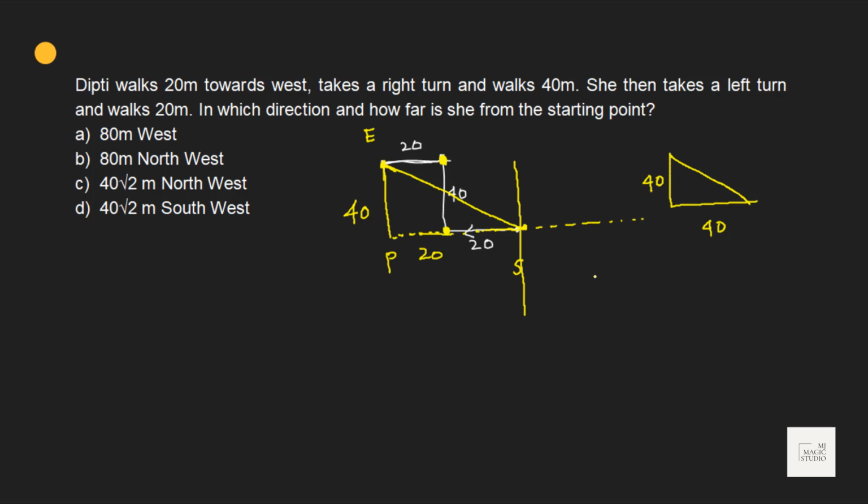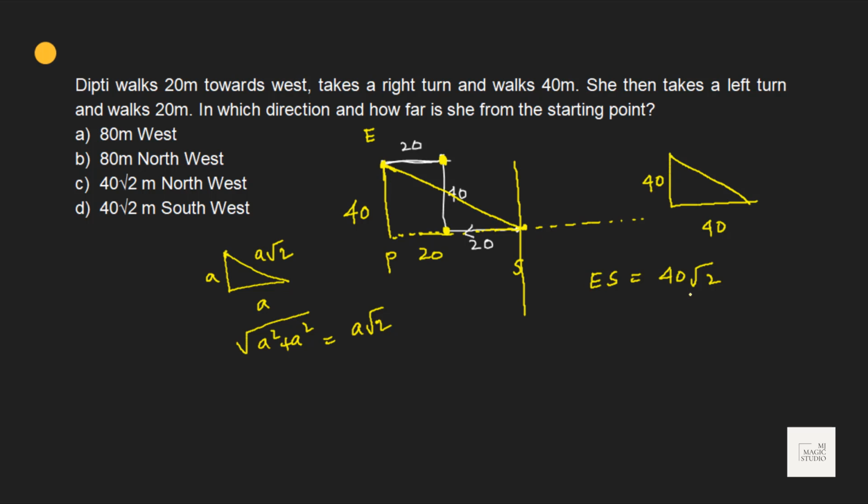So the shortest distance ES equals 40 root 2. How? If the side is A, then the hypotenuse is root over A square plus A square, which is actually A root 2. So it comes naturally. When it is an isosceles right angle triangle, the length of the hypotenuse is always A root 2.